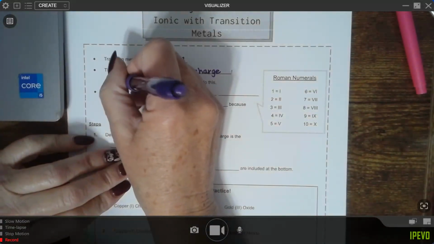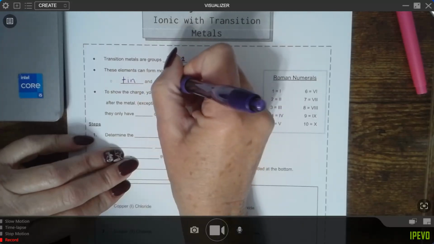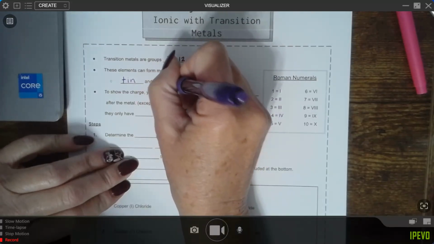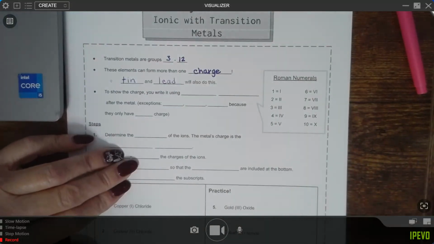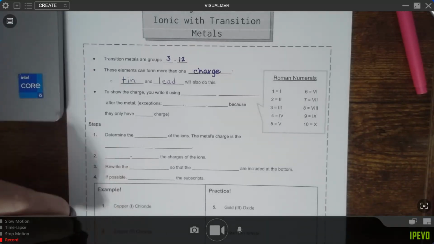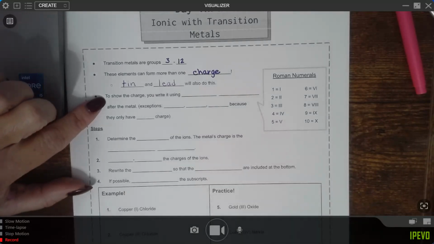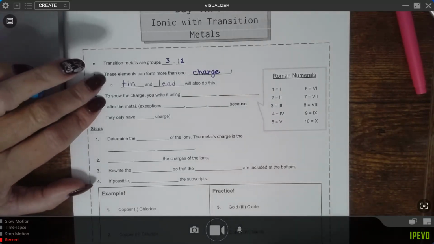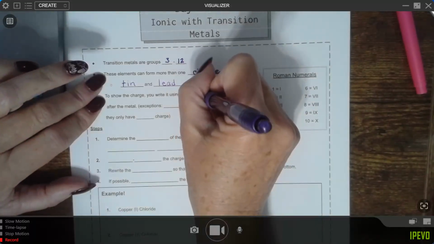Tin and lead are not in groups 3 through 12. They go over to 13 and 14, but they behave as transition metals because they can have more than one charge. To show the charge, you're going to write the charge using Roman numerals.